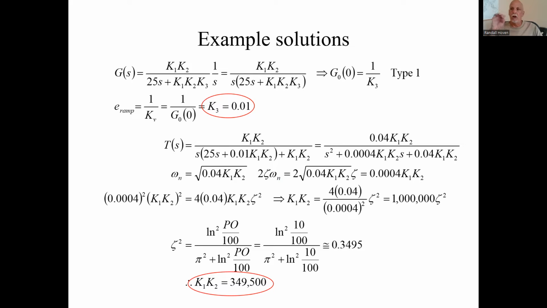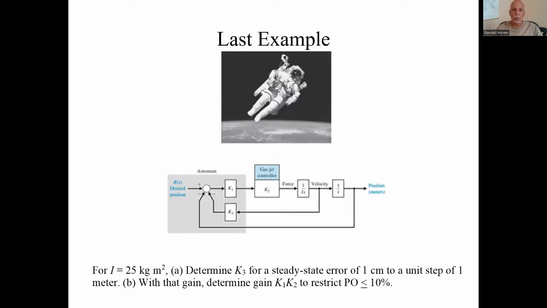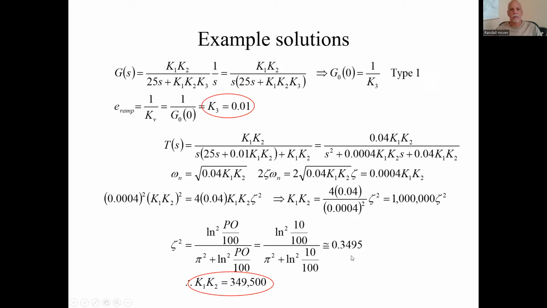For that, we needed only the forward path gain, or transfer function. To do the peak overshoot part, we need the whole transfer function. This will be the forward path gain, and the feedback gain is just one. So it's just going to be this numerator over this denominator plus this numerator.